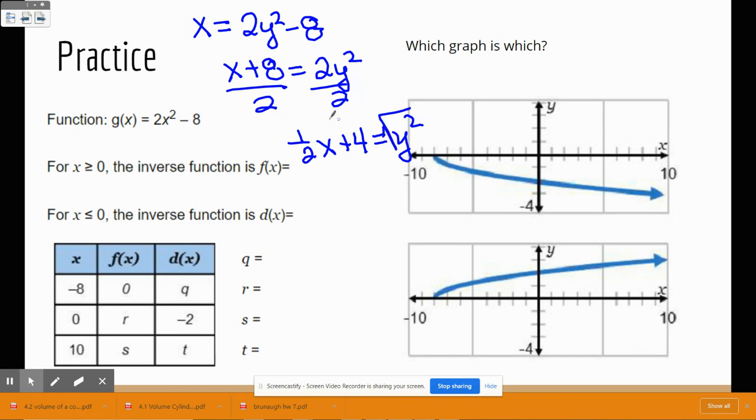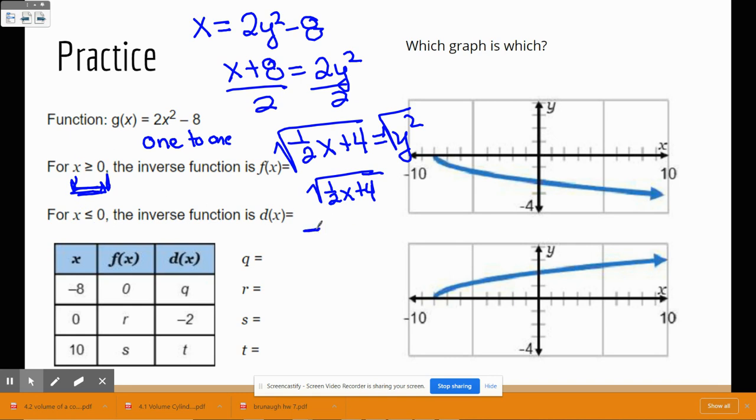Square root both sides, and usually I would say plus or minus, except they restricted my domain to make this 1-to-1. Because it's dealing with the positive part, so am I, and I think we're going to let you leave it like this nasty looking fraction, the square root of 1/2 x plus 4. I'm not going to make you simplify that at all, okay? What if it was the negative part of that?